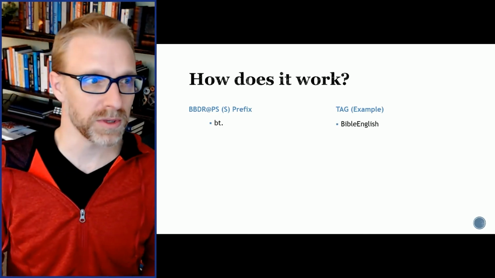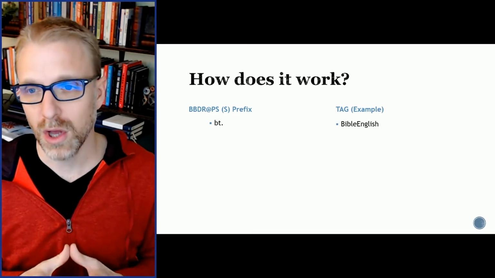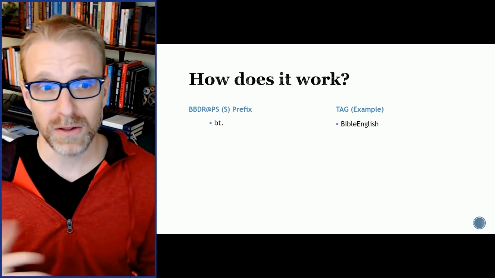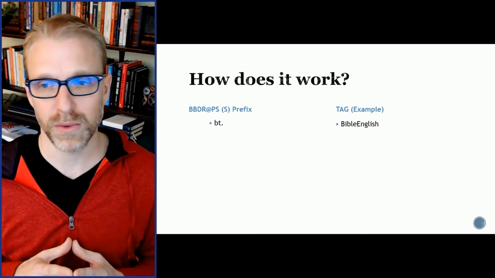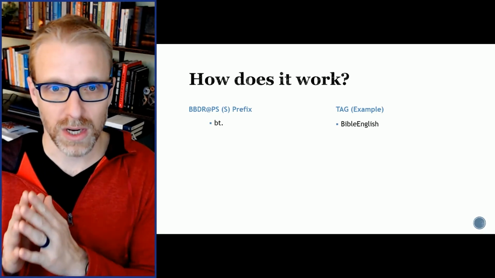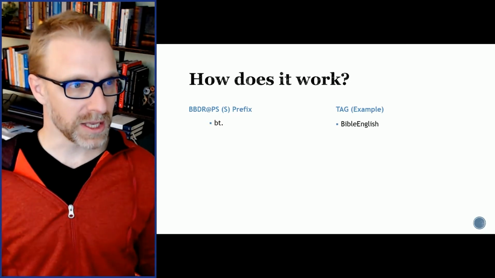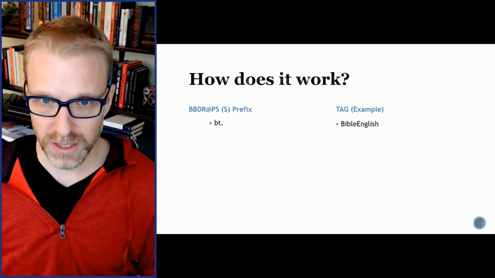The tag would be Bible English. If we're tagging all of our Bibles that are English Bibles, this is the appropriate tag we would put. Notice that all of my tags, the words are capitalized. We want to keep everything the same. So BT dot Bible English.